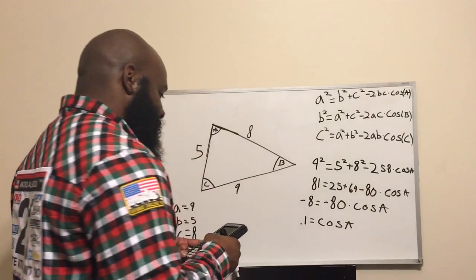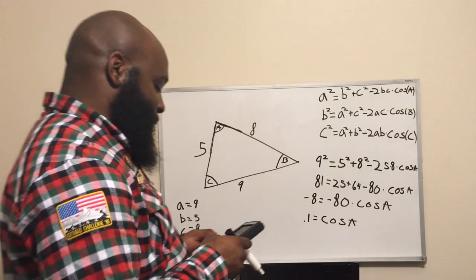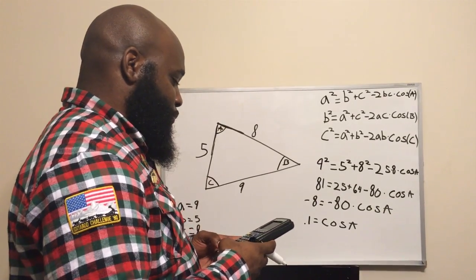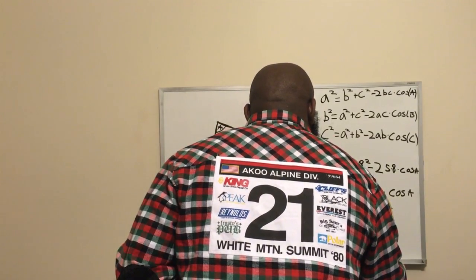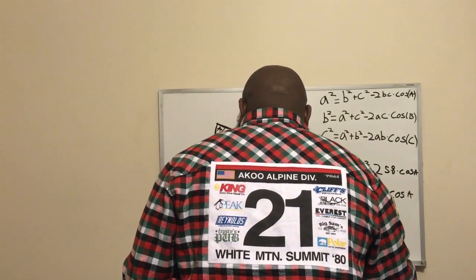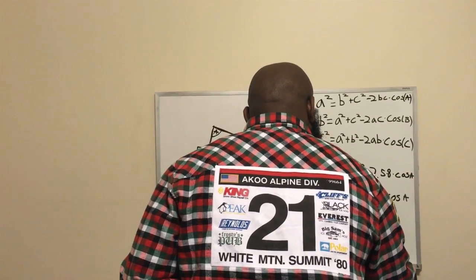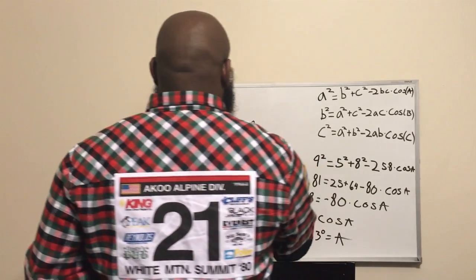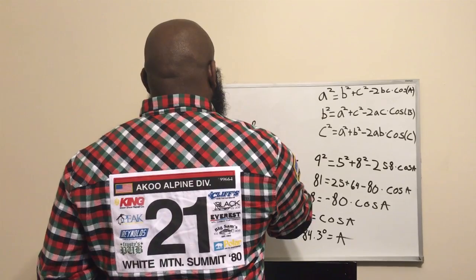So we take the cosine inverse. Press second, press the cosine inverse, and put in 0.1. 84.3 degrees is our angle. So the angle of A is 84.3.